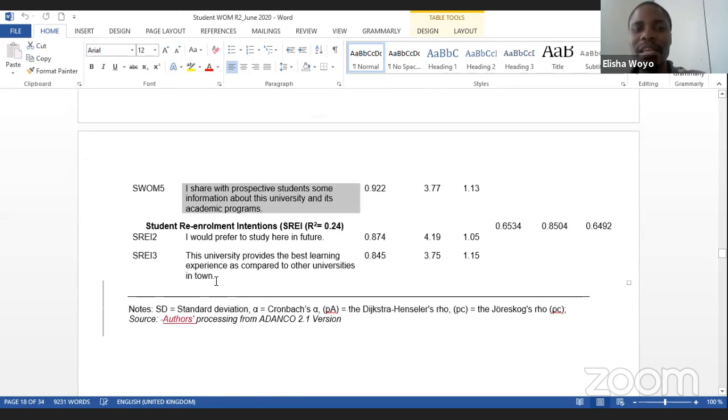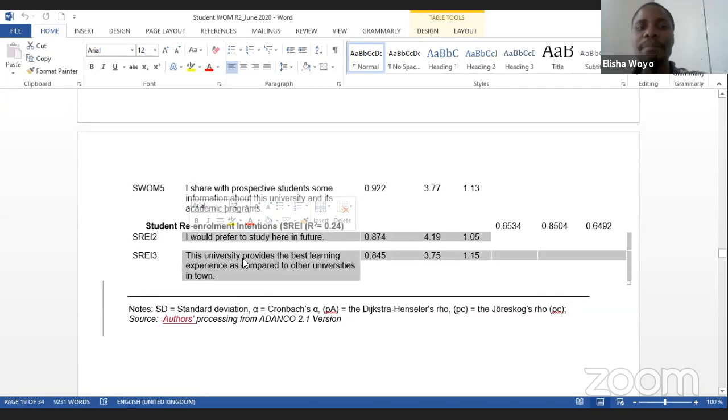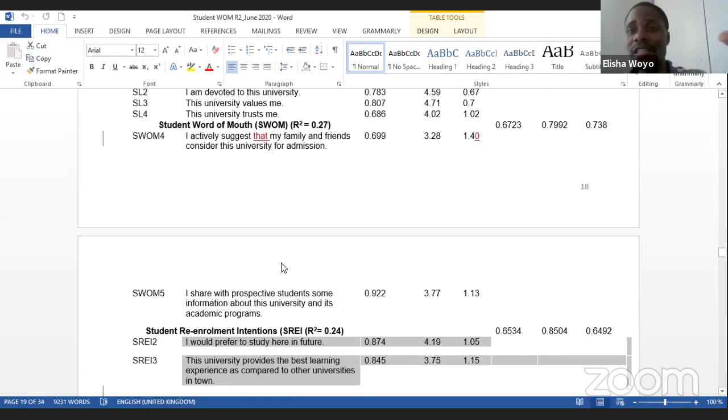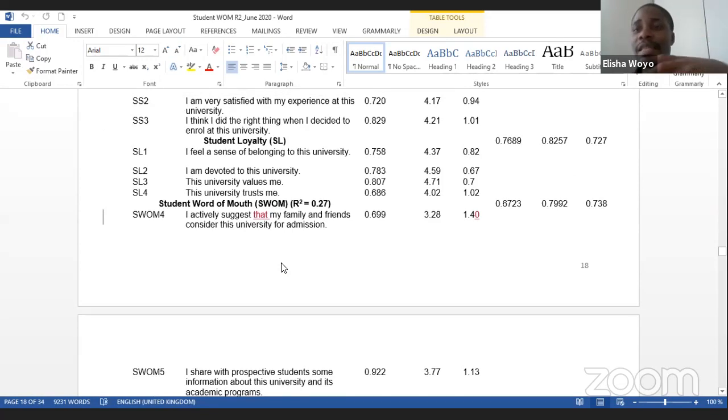All these elements measure the idea of re-enrollment intentions. So you would have your questionnaire with 40 or 50 elements that are not grouped. But when you run your factor analysis, it is going to help you to group these factors together for further analysis.